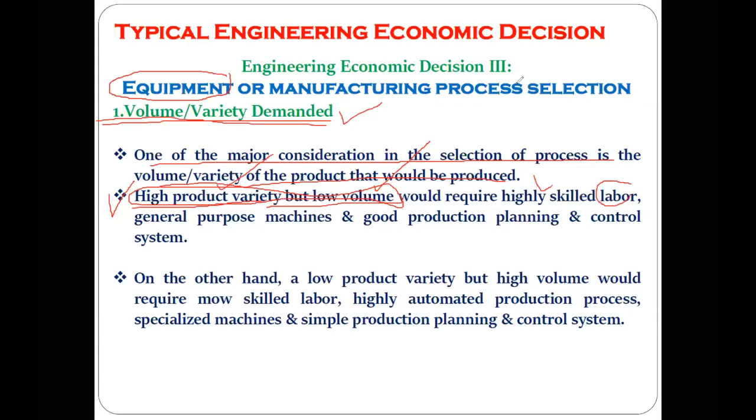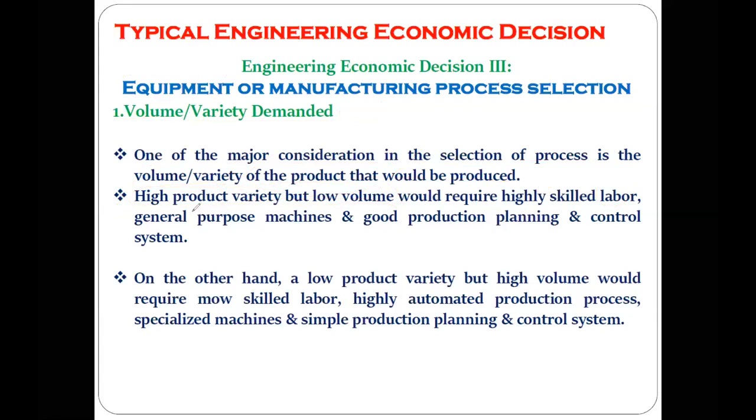So it depends on the requirement or demand of the customer. Here, for example, we have taken the demand of high product variety but low volume. In this case, the machinery selection will require high-skill labor, general purpose machinery, which may be manual or semi-automatic machinery, and a good production planning and control system, etc. So this is the one case.